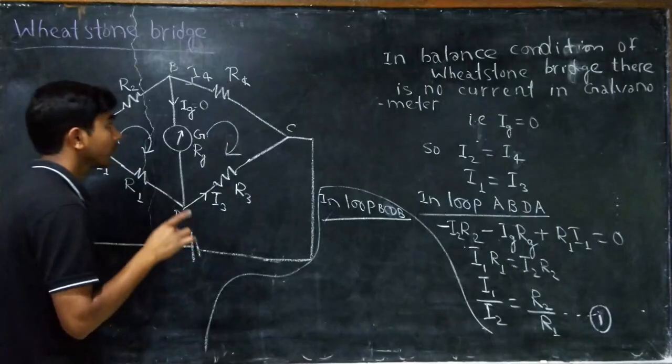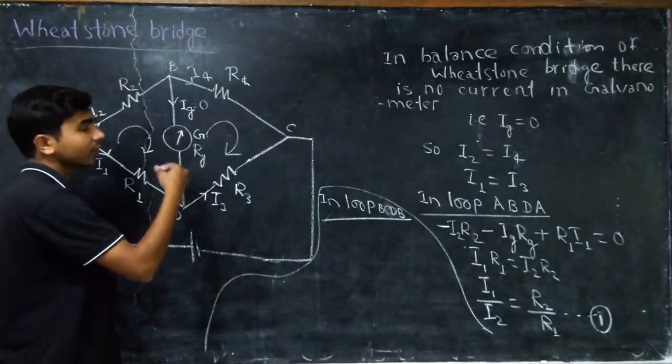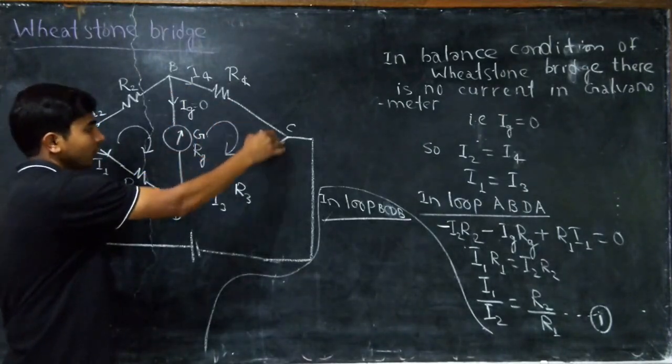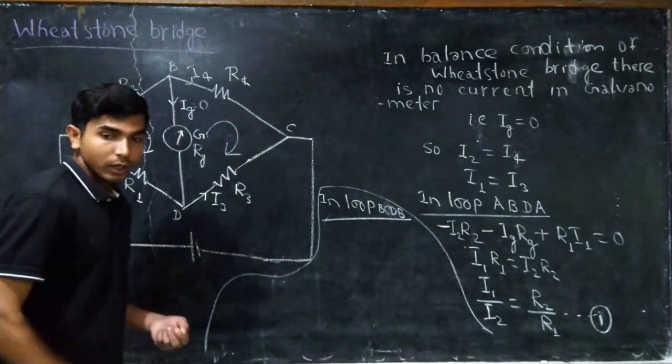Again we are going to find the algebraic sum of potential drop, change in potential, so this one and this one. So we can write like this.